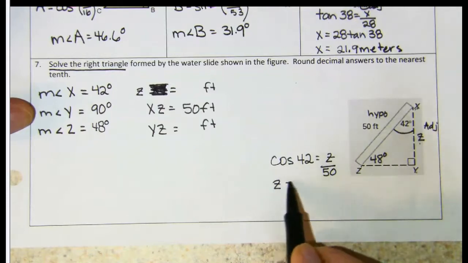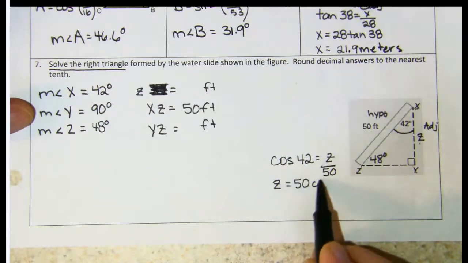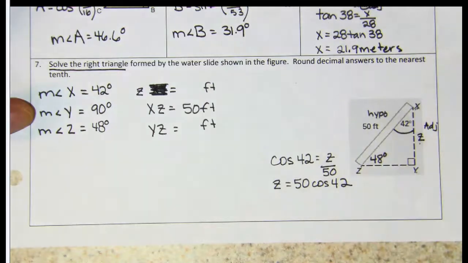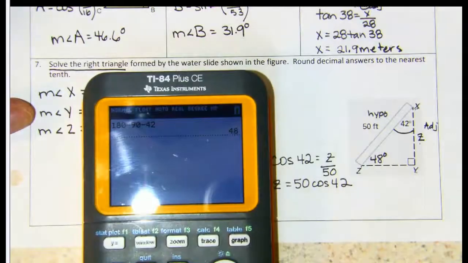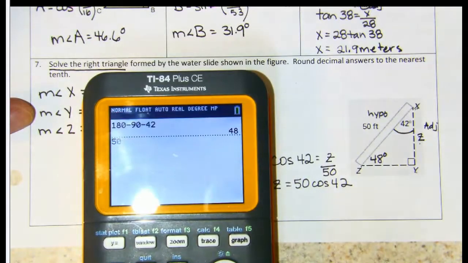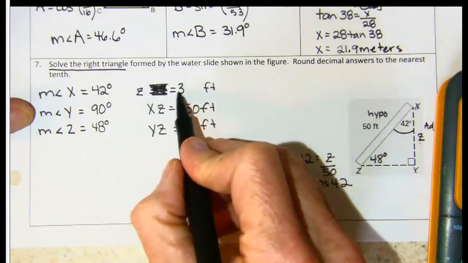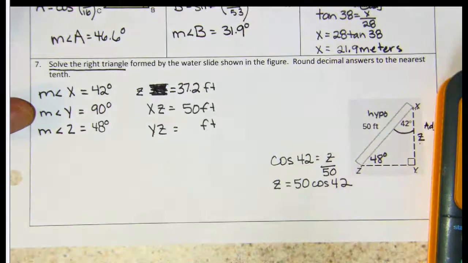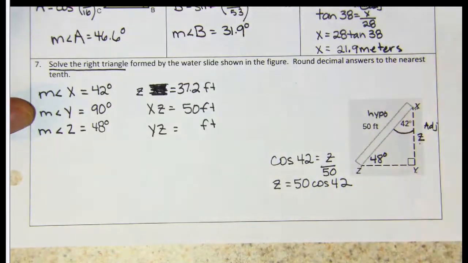So z is going to be 50 cosine 42. If I use my calculator to calculate that, 50 cosine 42, that gives me 37.2 feet.